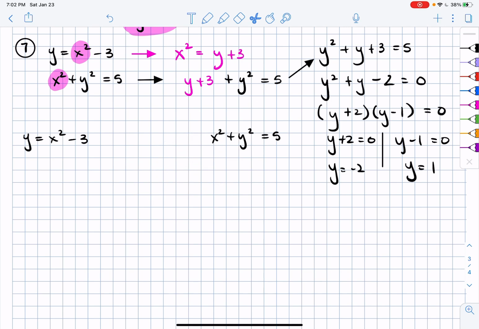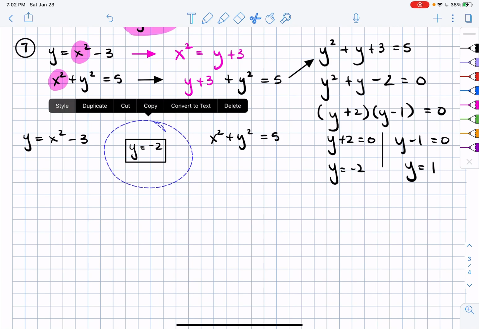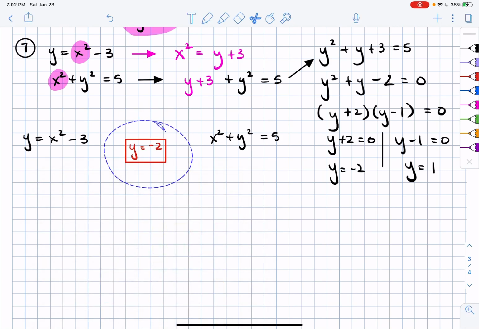Okay? So what I'm testing out right now is when y is equal to negative 2. All right, so that's my first thing. Actually, let's even do it this way. Let's change that style to red. So that's what I'm putting in.